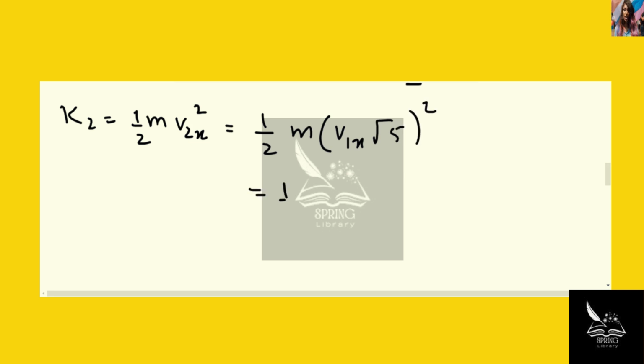So we are getting 1 by 5 times half m v1x the whole square.